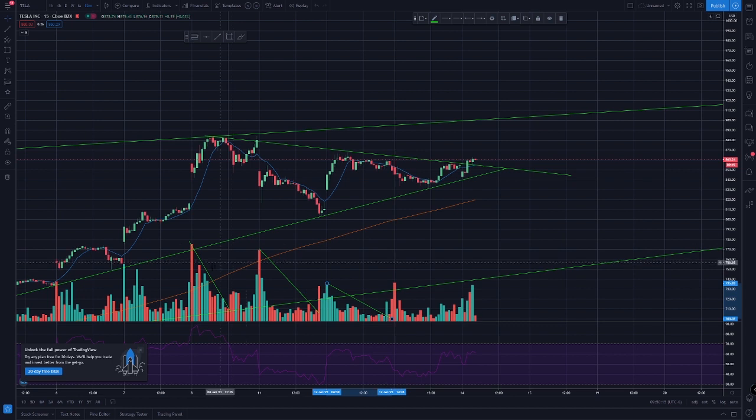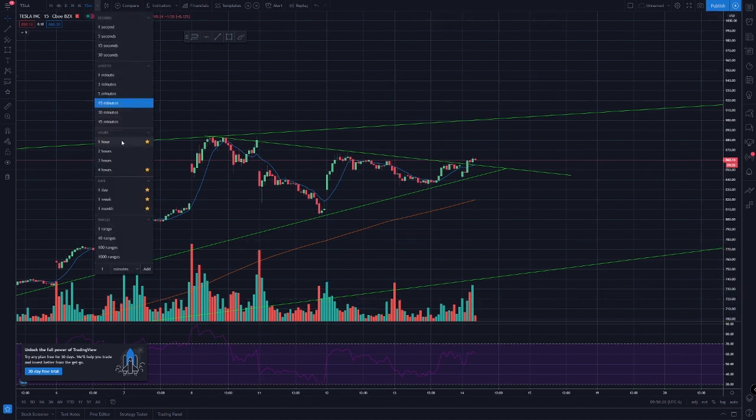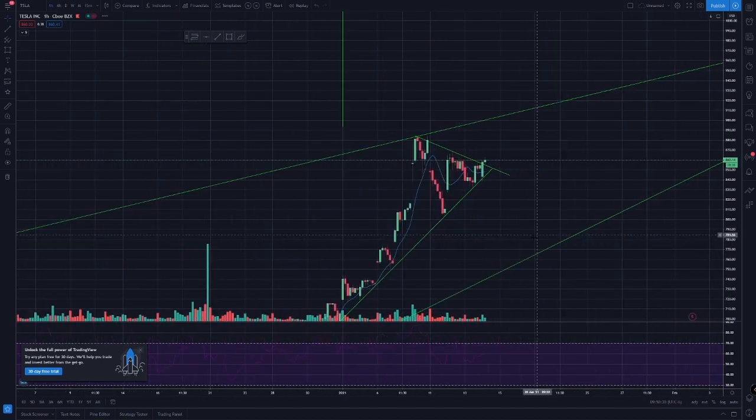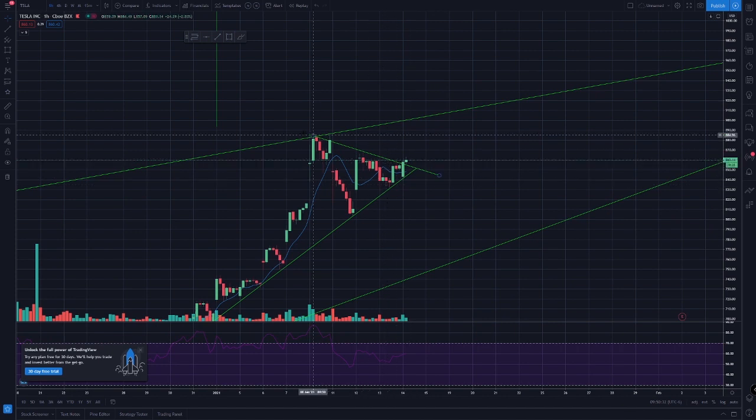This is the 15 minute too. Let me go to a different time frame. Let's check out the hourly time frame. Okay, so this is looking kind of good.